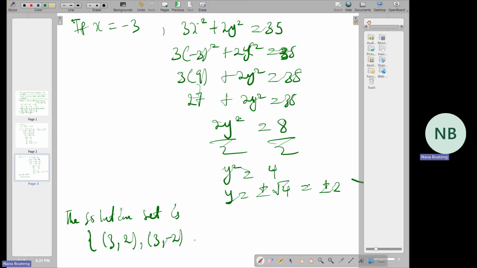And when x is equal to negative 3, we also have y equal to positive 2, and another value of y equal to negative 2. So these become the solution sets of the system using the addition method.